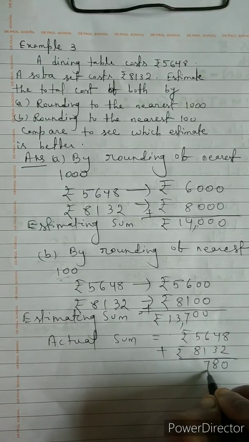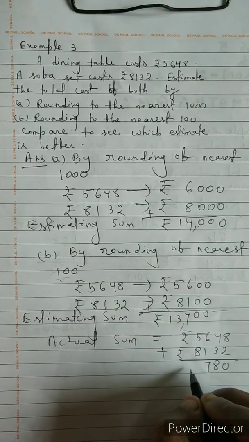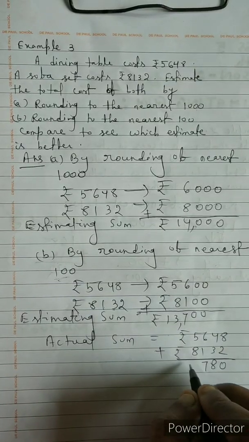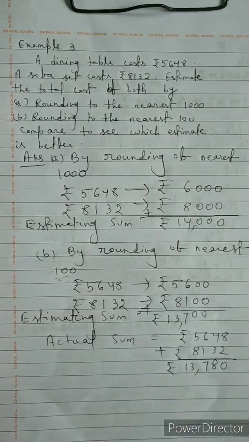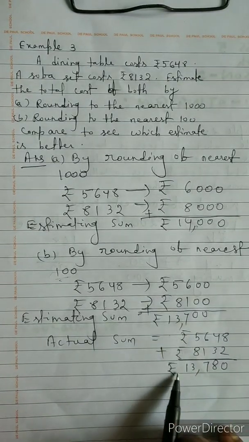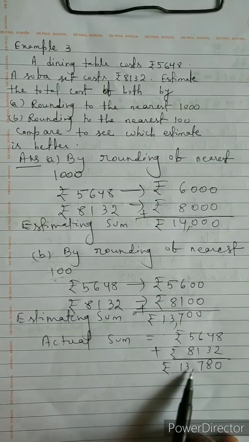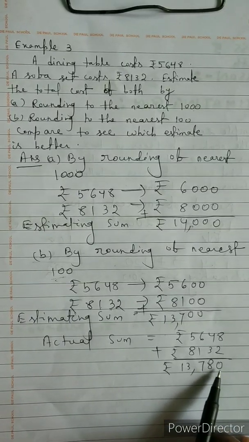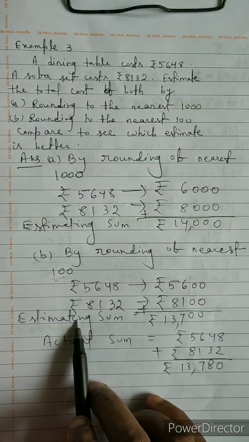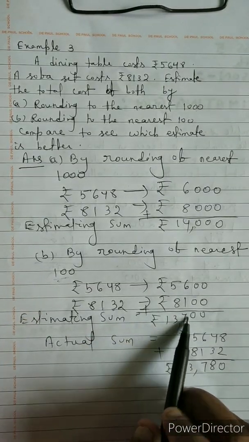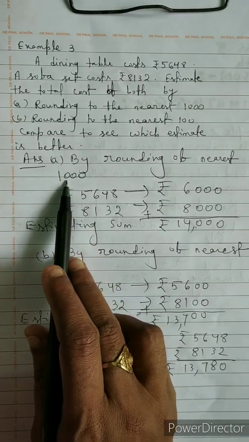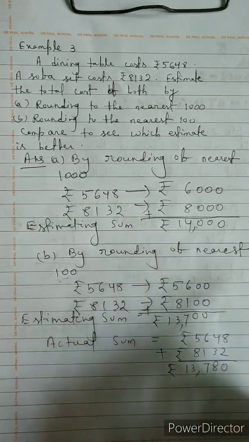And this is 7. So this is 13. So children, the actual sum is 13,780. By rounding to the nearest 100, it is 13,700. And by rounding to the nearest 1000, it is 14,000.